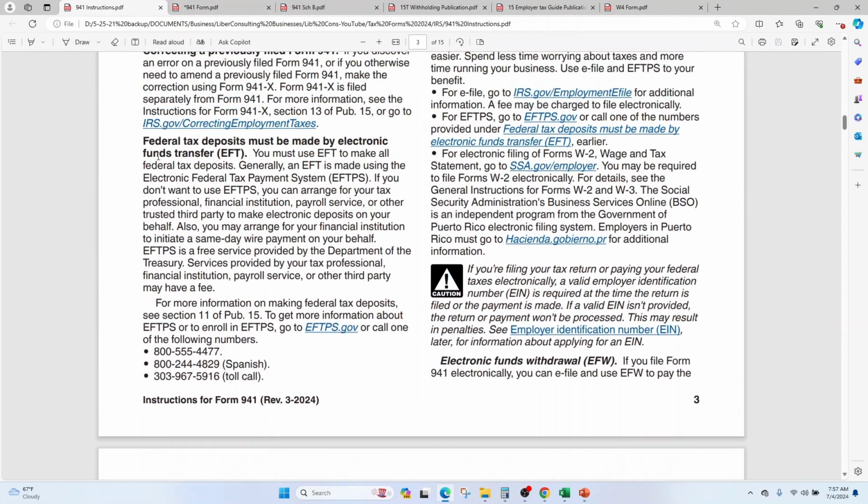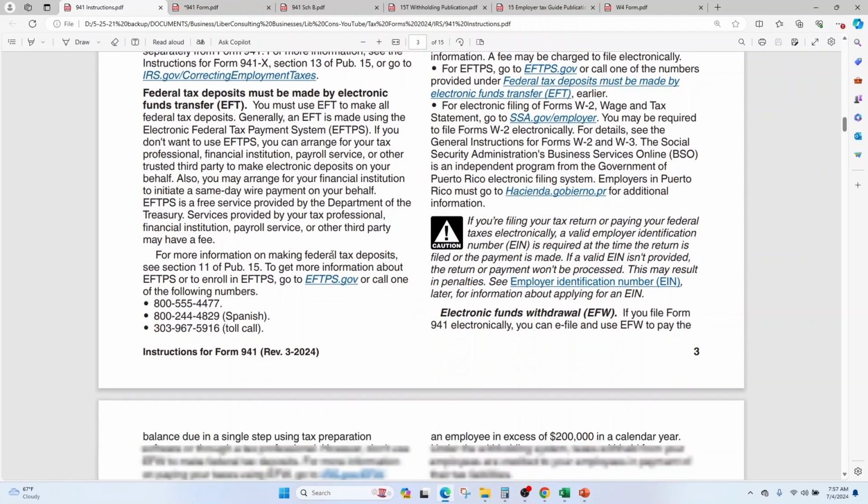So you can make federal tax deposits by electronic fund transfer through the Electronic Federal Tax Payment System, EFTPS. That way you can make those deposits quickly. It won't take too many days for that to go through for you.